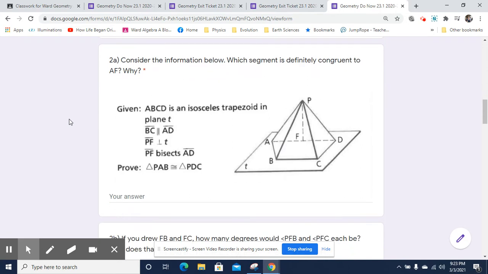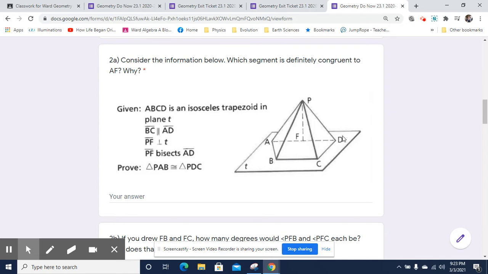So in 2A, we're going to consider this situation. ABCD is an isosceles trapezoid, and that means that it has two congruent legs. And it's in plane T, so it lies on plane T. BC and AD are parallel.